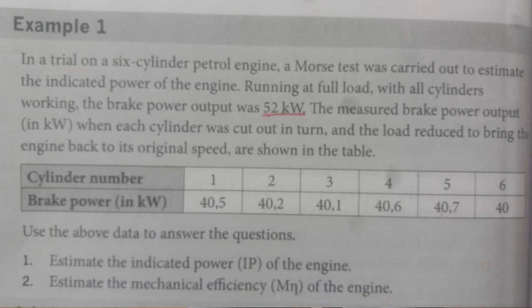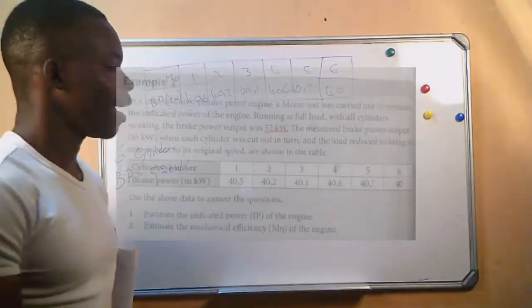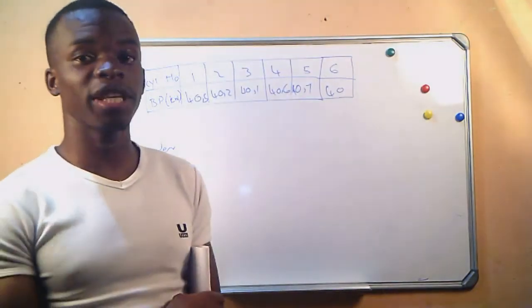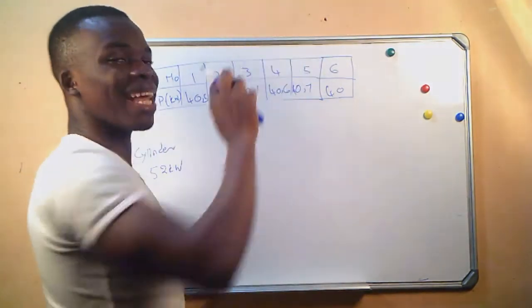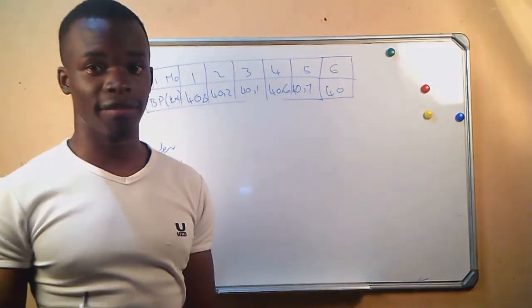Number 1, estimate the indicated power IP of the engine. Number 2, estimate the mechanical efficiency of the engine. And this is the information that we are given. They gave us the table where they have already recorded everything.